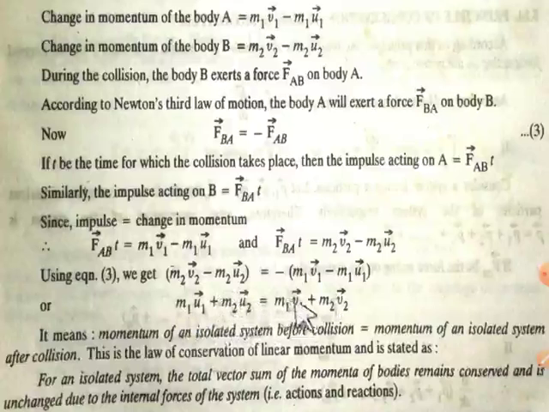On the right-hand side are the final momentum of body A after collision and the final momentum of body B after collision.